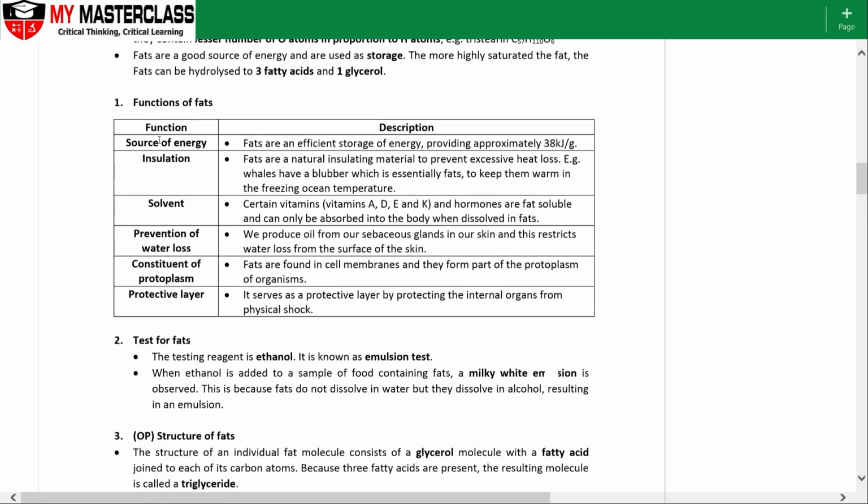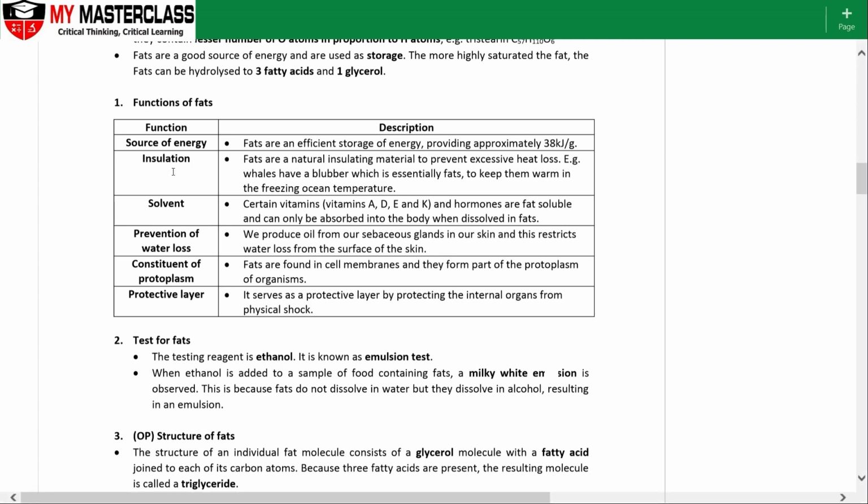Now, fats itself has many uses. Not all fats are bad. Fats can be used as a main source of energy, and you can see that it provides more than 2 times the amount of energy compared to carbohydrates. Carbohydrates only provide 17 kilojoules per gram, but fats provide 38 kilojoules, which is very efficient for people or animals living in extremely cold areas, like the Arctic and Antarctic regions.